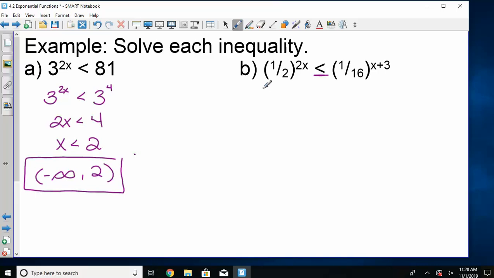Because I know you guys like to get rid of the fractions, so I'm going to make you suffer with them for a minute. So 1/16 would be like 1/2 to what power? The 4th.